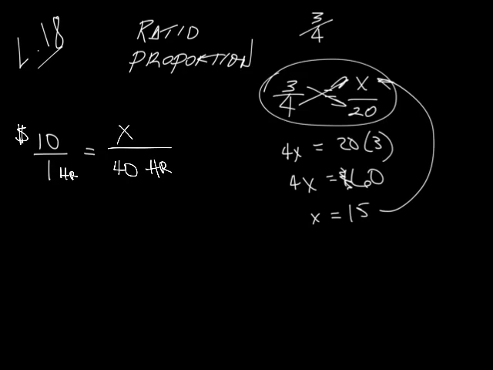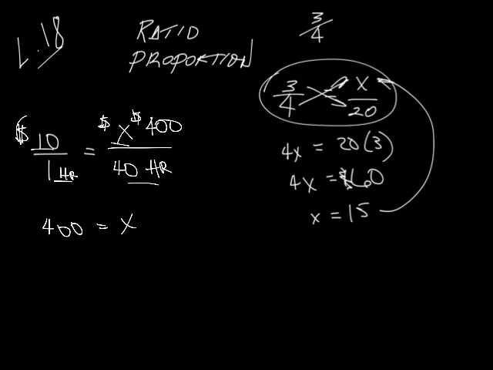So this is what you're looking for, dollars. So notice hours are on the same level, dollars are on the same level. We cross multiply. 10 times 40 equals x. So if you're making $10 an hour, you're going to make $400 in 40 hours.